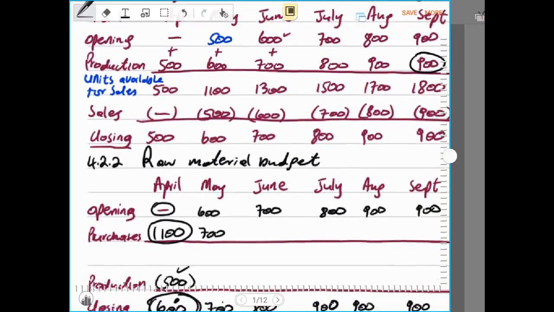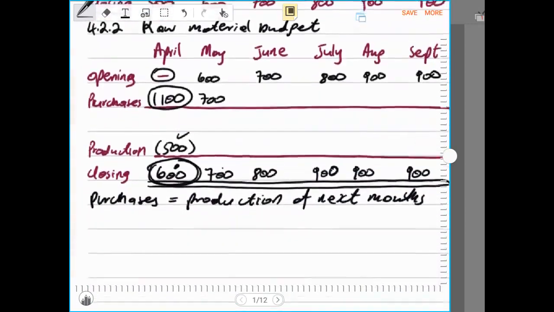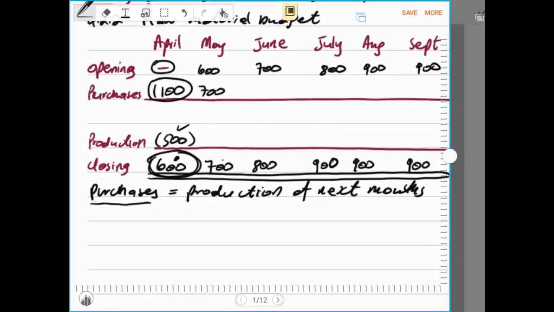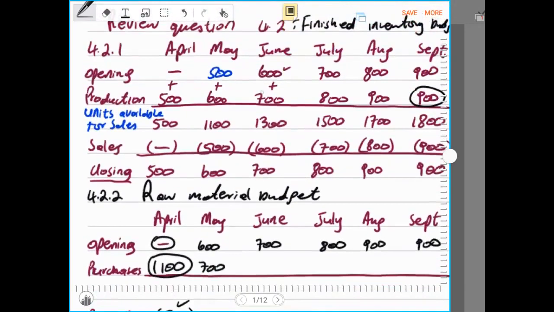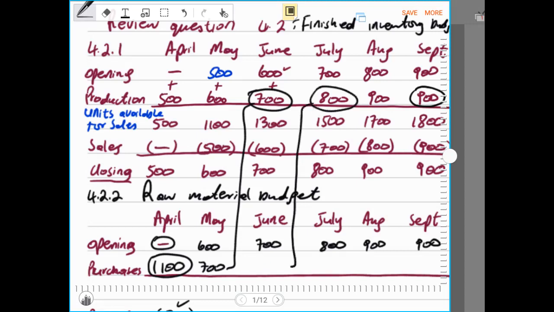So in this case, our purchases is equal to production of next month. Next month production is 700, which is in June. That will be the purchases of the current month. Then production of the month of July will be purchases of the month of June. And production of August will be the purchases of July.